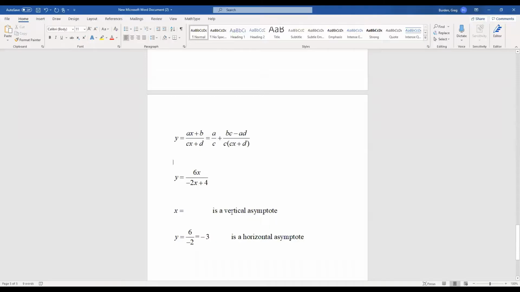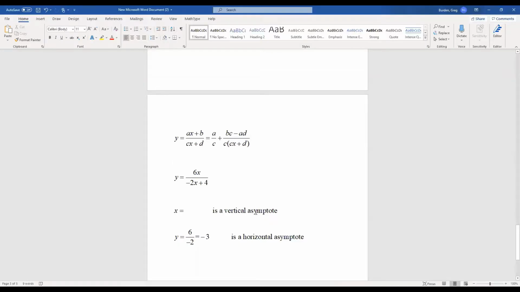Okay, how about the vertical asymptote? Well, it turns out that for all rational functions, the vertical asymptote or the vertical asymptotes, there can actually be several of these. Any vertical asymptote is going to correspond to a break in the function, because if it's a vertical asymptote for rational functions, it's going to turn out it doesn't cross the vertical asymptote. It can cross a horizontal asymptote, but it can never cross the vertical asymptote.